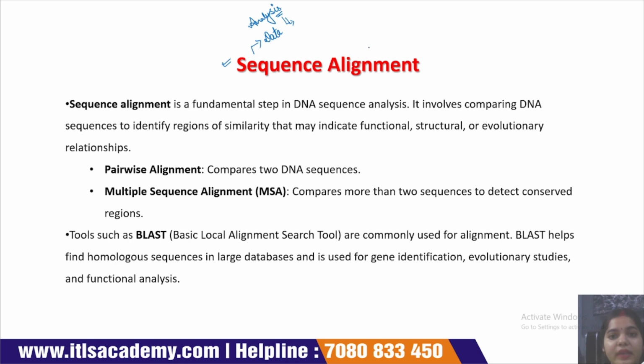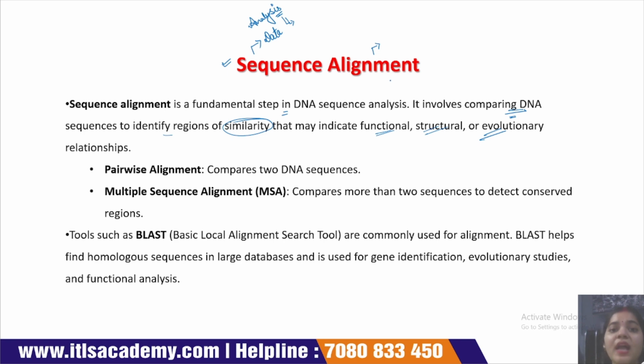We perform it to identify the similarity between sequences. Sequence alignment is a fundamental step in DNA sequencing analysis. It involves comparing DNA sequences to identify regions of similarity that may indicate functional, structural and evolutionary relationships.